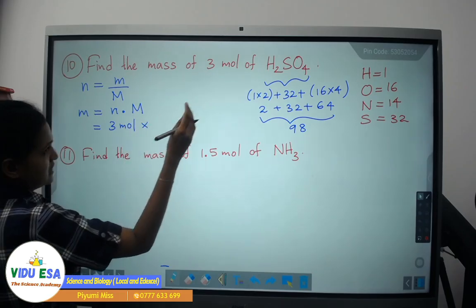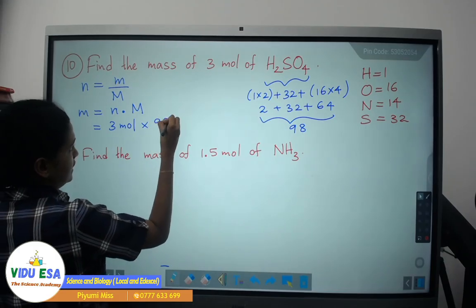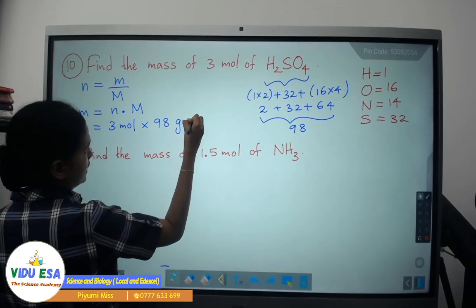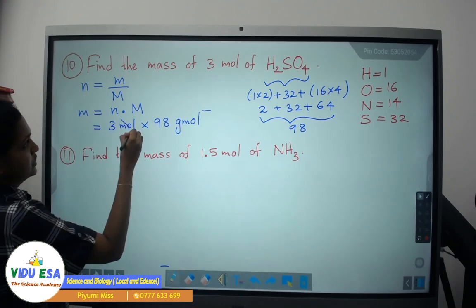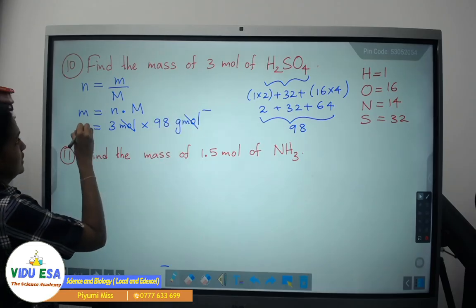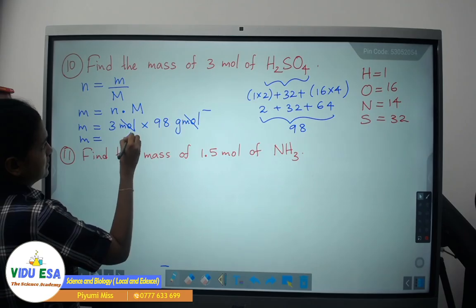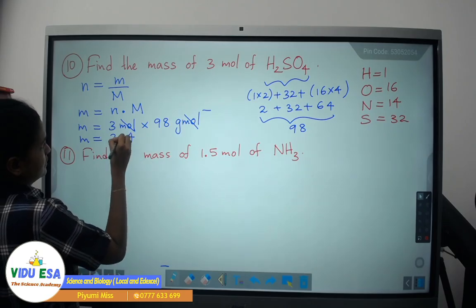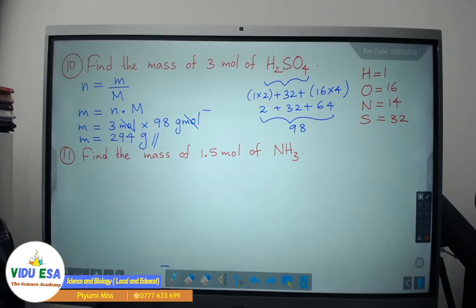Molar mass is relative molecular mass taken in grams, 98 grams per mole. So 3 into 98 is 294 grams. Got it?